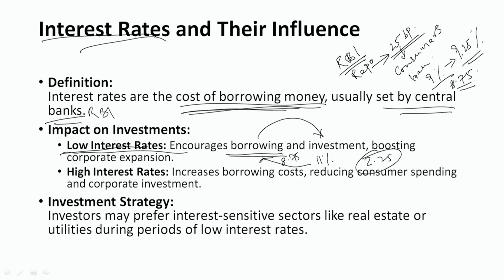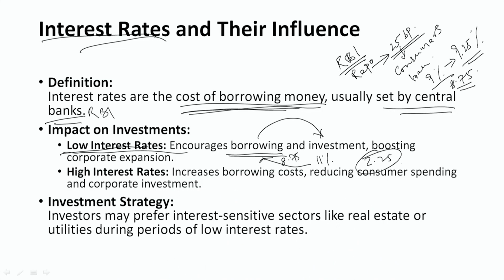It can be considered from within the country perspective, or it can be from a country where the interest rate is lower. I can take a loan from India and invest it in the USA if the rate of return on investment is higher. So it can happen in that manner also.